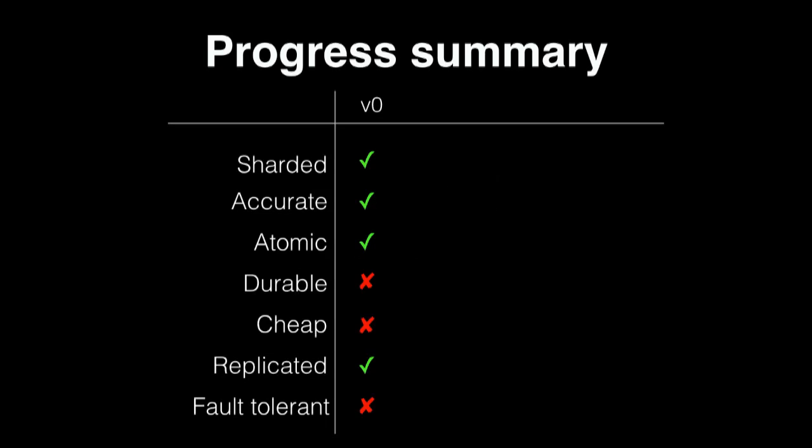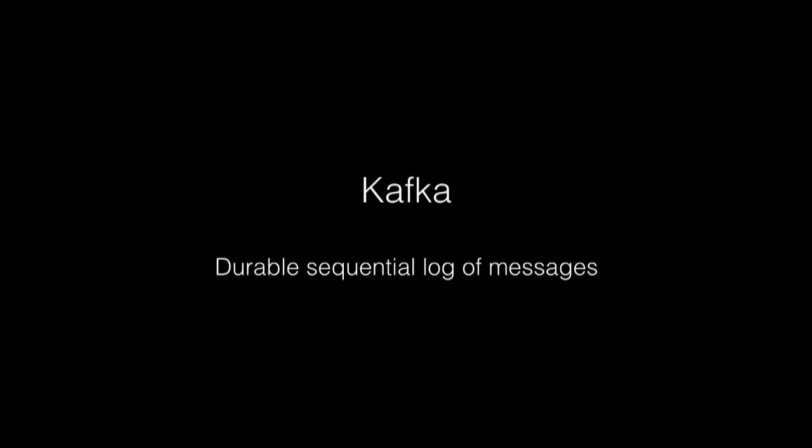In order to solve the first problem, durability, we added Kafka to the equation. The reason we do that is Kafka is really a durable sequential log of messages. As I explained earlier in the presentation, instead of writing to the databases directly, we can accumulate the writes and generate a set of Kafka messages that will be sent to the Kafka cluster at the end of the process.